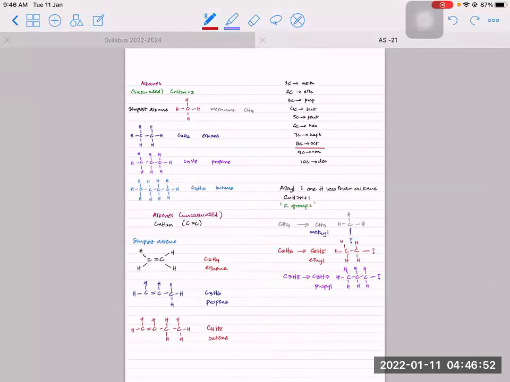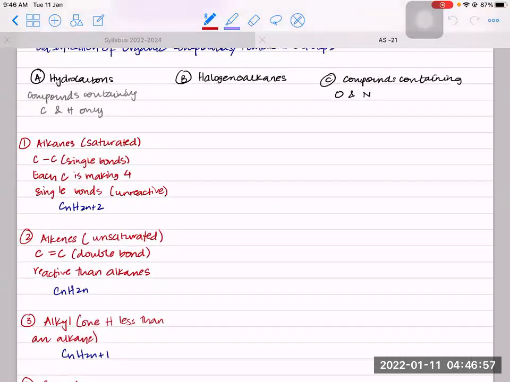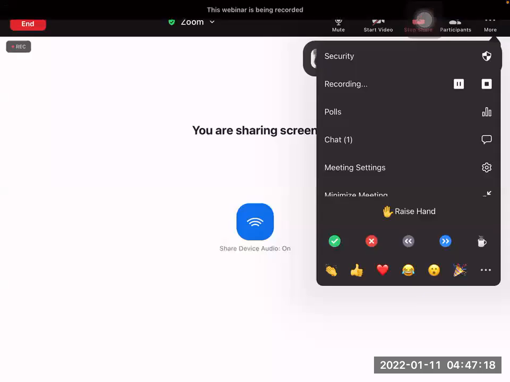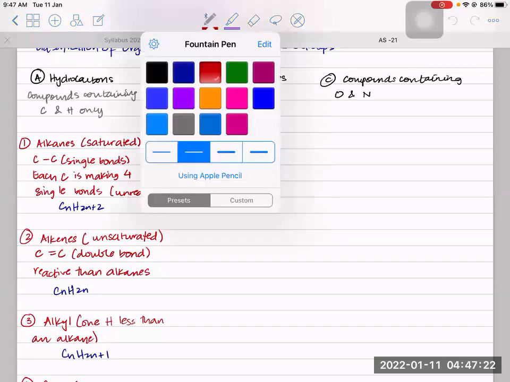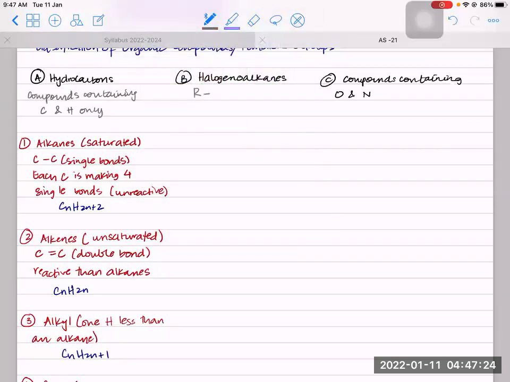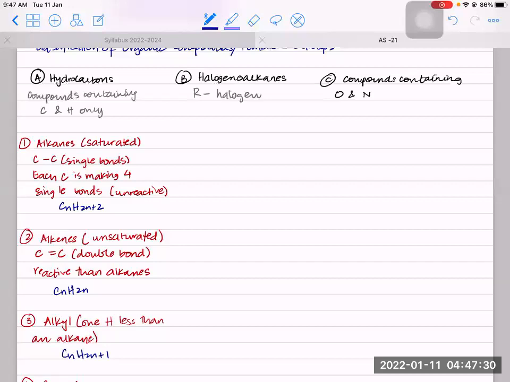Now, let's have the other functional groups. Is all of this? Now let's continue with halogenoalkanes. So this is basically the R group attached to a halogen. What was the R group? The alkyl. Yes, because alkyl had free bonds.